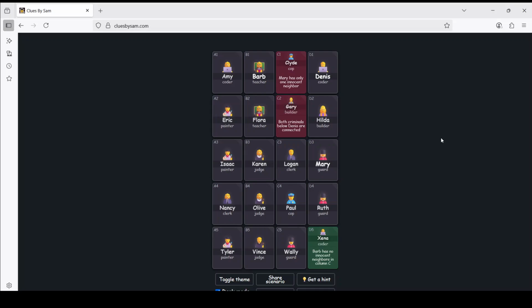Alright, so Clyde gives us the clue Mary has only 1 innocent neighbor, and Mary is over in D3. Gary gives us the clue both criminals below Dennis are connected.